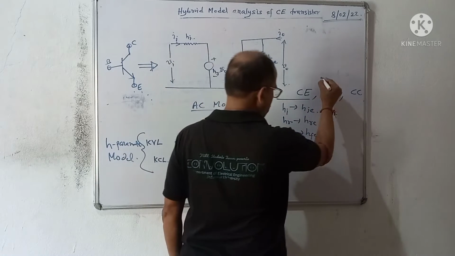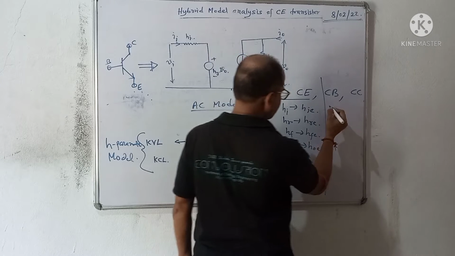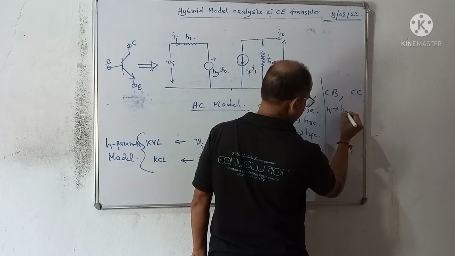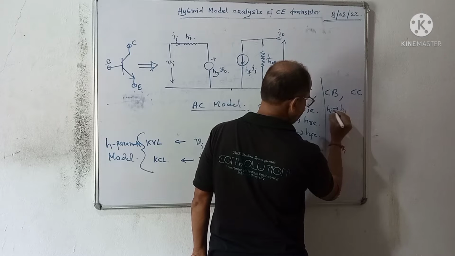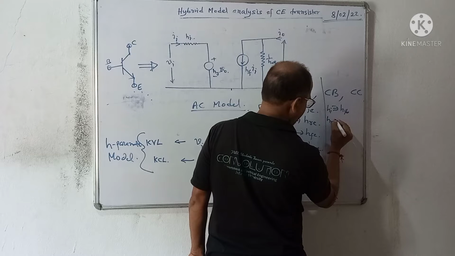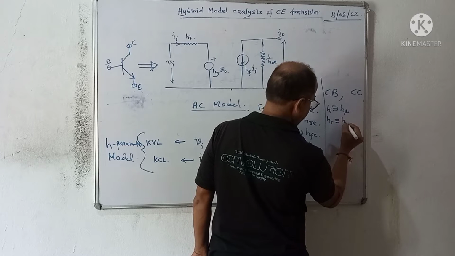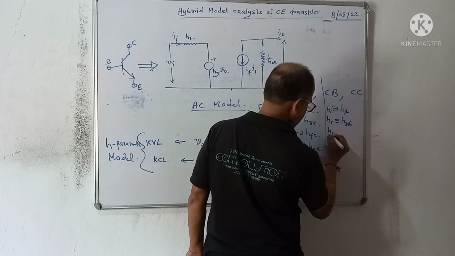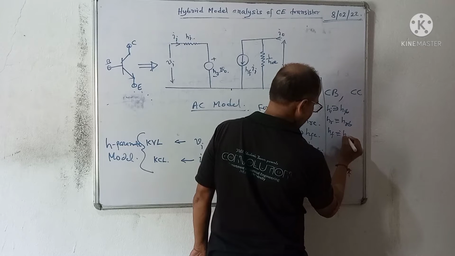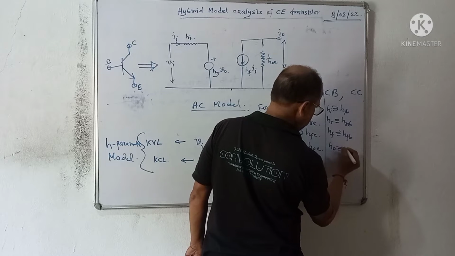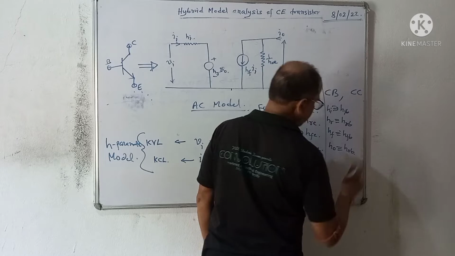This is the common emitter. For common base, HI is HIB, HR is HRB, HF means HFB, and HO means HOB.